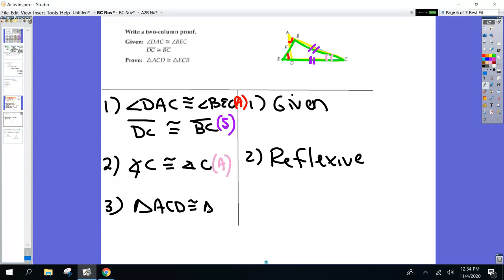How do those come into play? Those are the side lengths. And we don't know if AB and ED are congruent. You're thinking my markings belong to EC and AC, and they don't. My markings belong to the ones that I was given, DC and BC.